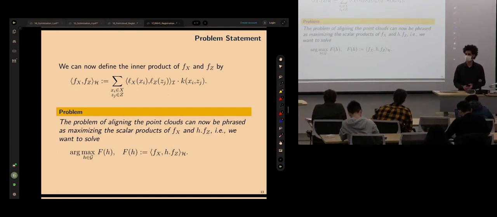Alignment geometrically is tied to the angle and how parallel two vectors are. These vectors can be functions. And the inner product or dot product is a natural tool for that. That's why we need the inner product space.